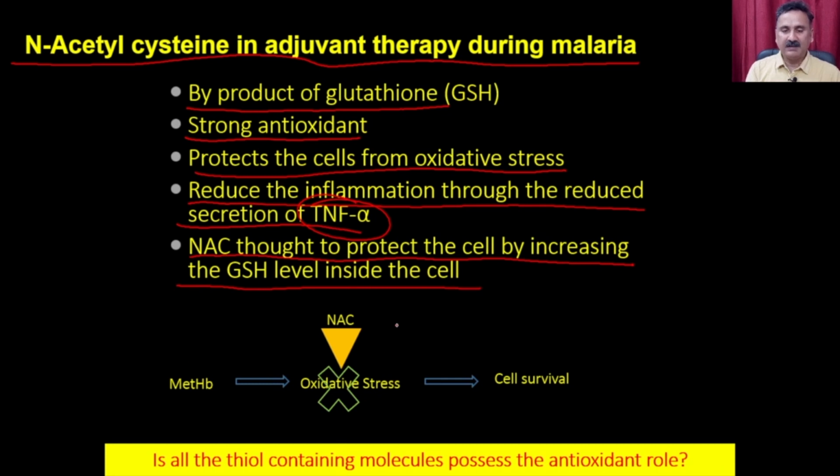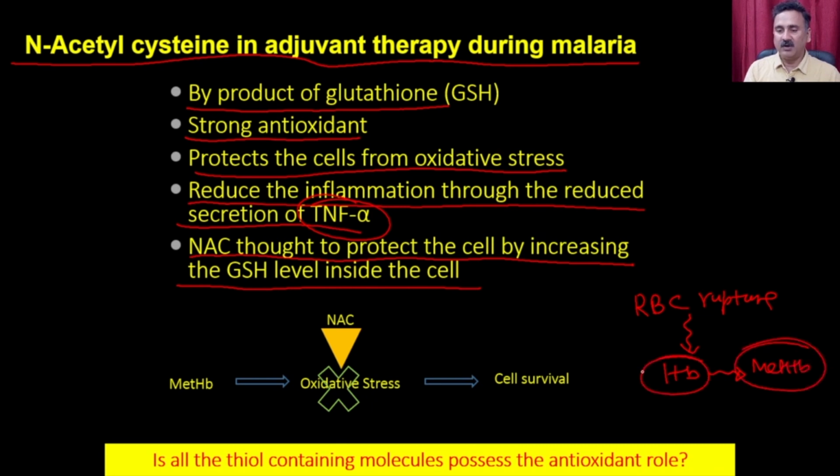So what happens is that during malaria, you always have RBC rupture, right? And when there is RBC rupture, the RBC releases the hemoglobin, and that hemoglobin gets converted into methemoglobin. So hemoglobin, you know, is the oxygen carrier, right? And once the hemoglobin is present in an oxygen environment, it gets oxidized.